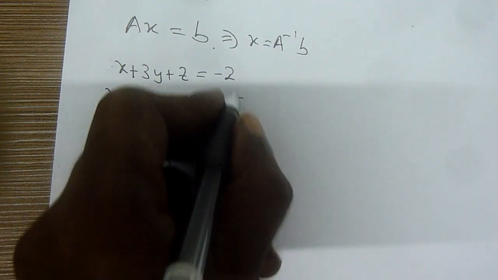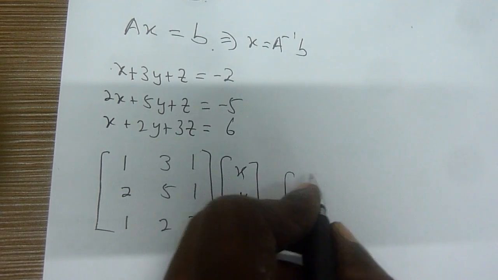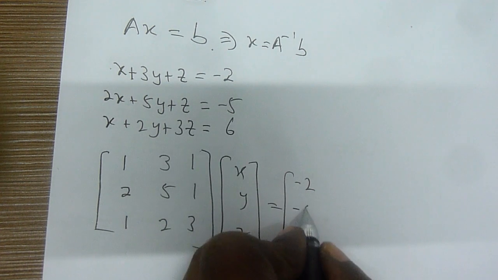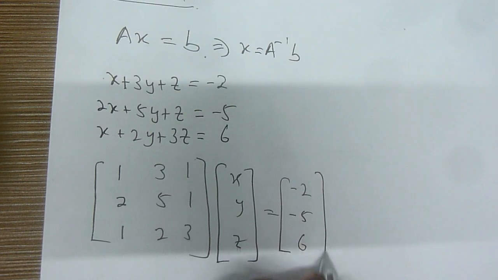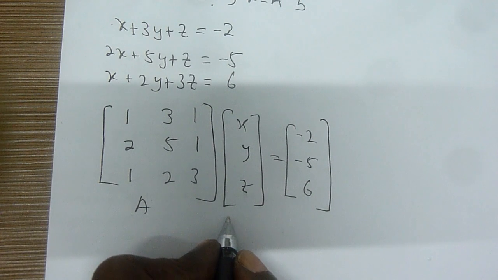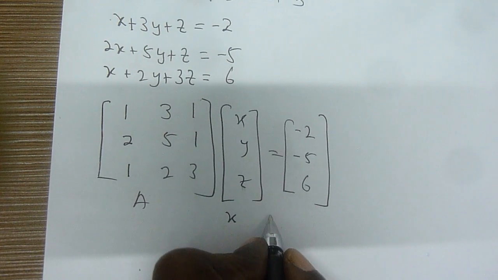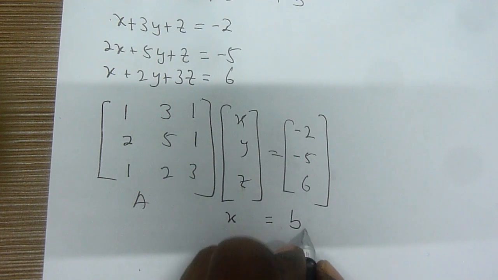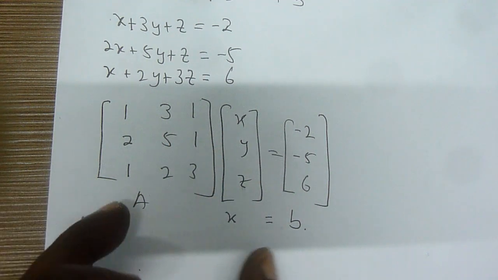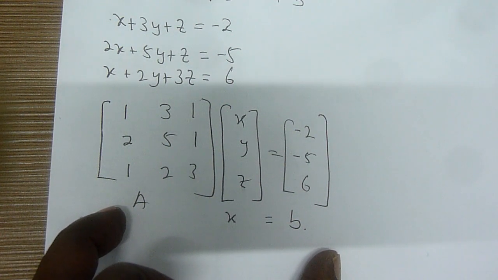Then you write the solution for that. This we call A, this we call x, and this we call b. Now you can see this is what we call a system of linear non-homogeneous equations.